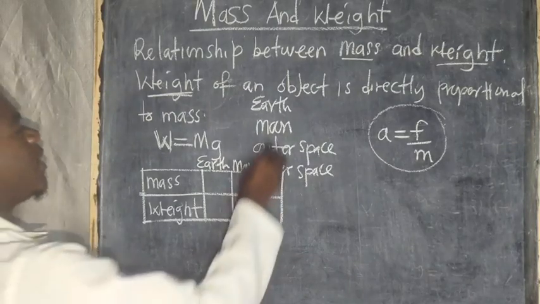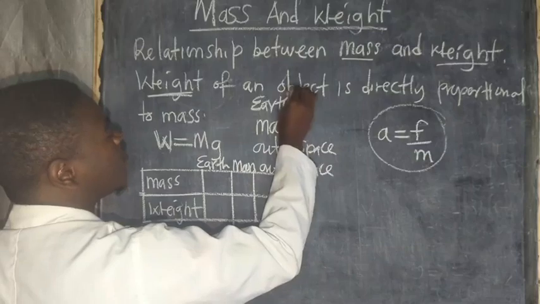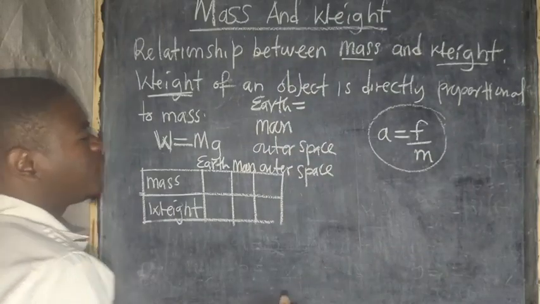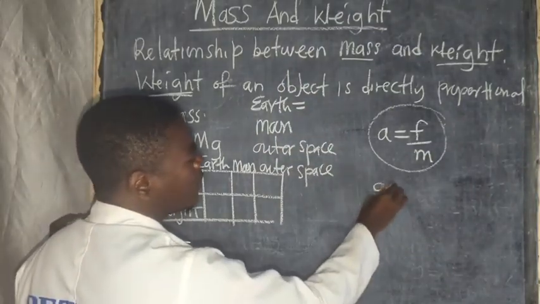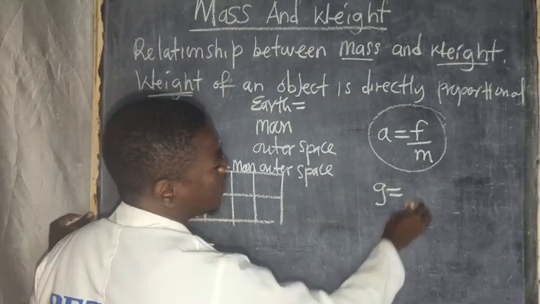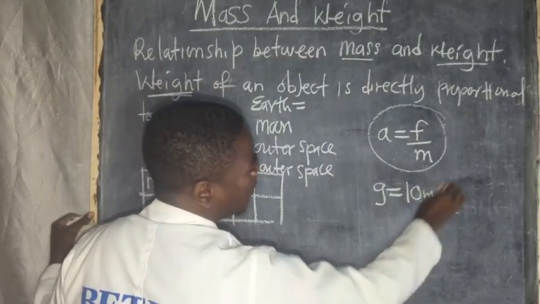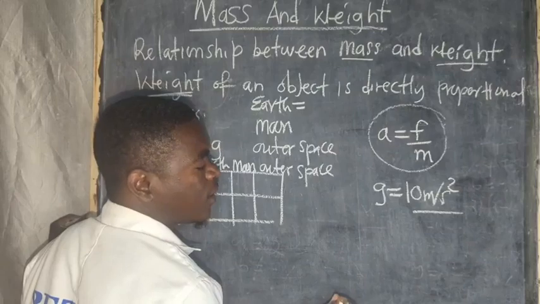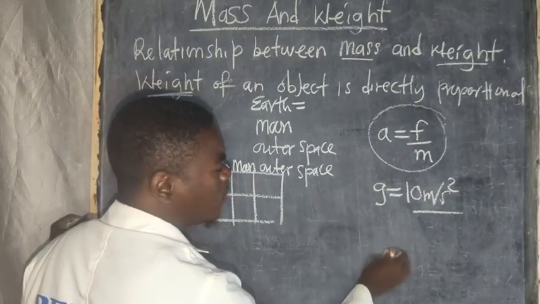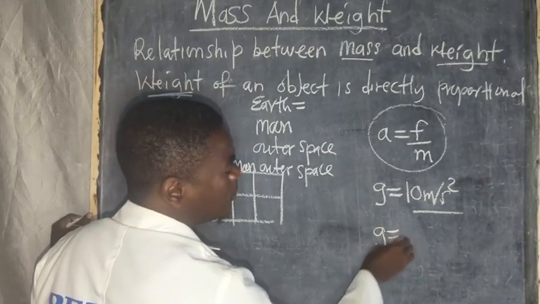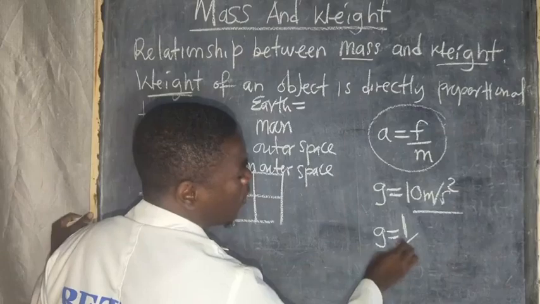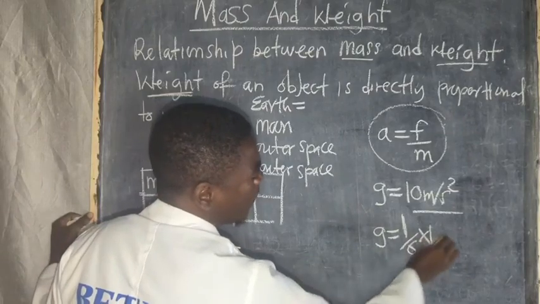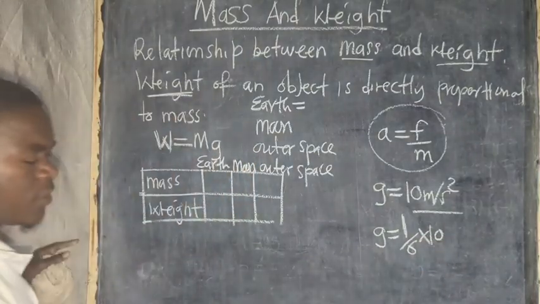These are just some of the things that you are supposed to know. On the earth, whenever we are talking about gravity, gravity is equal to 10 meters per second squared. But when you go to the moon, the gravity on the moon is 1 over 6 times the gravity on the earth.